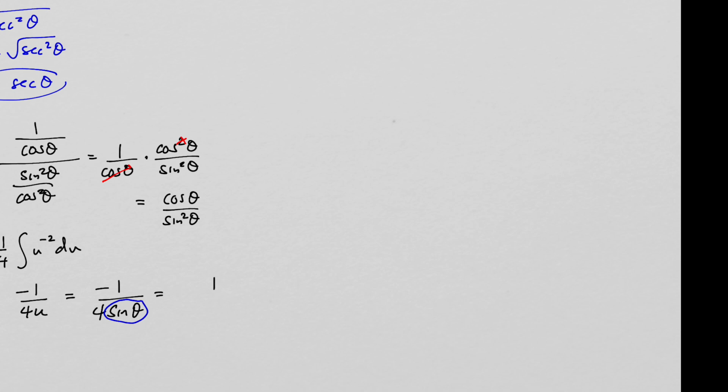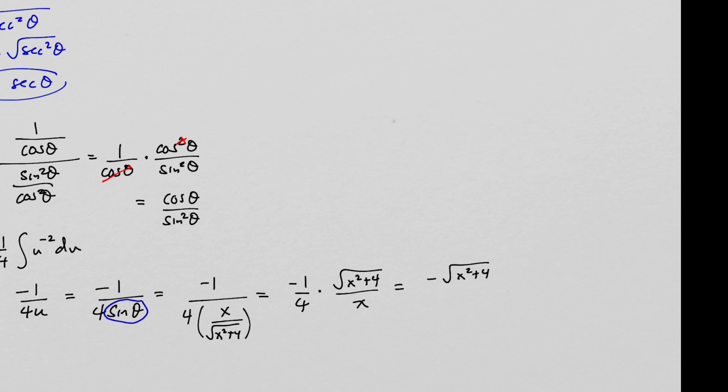So this is negative 1 over 4 times x over the square root of x squared plus 4. And this is going to get flipped into the square root of x squared plus 4 over x. And if I multiply these together, I end up with our final answer here.